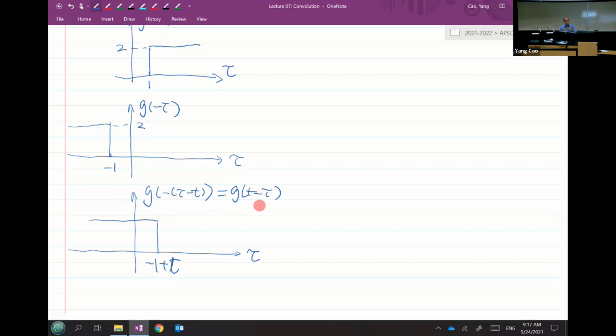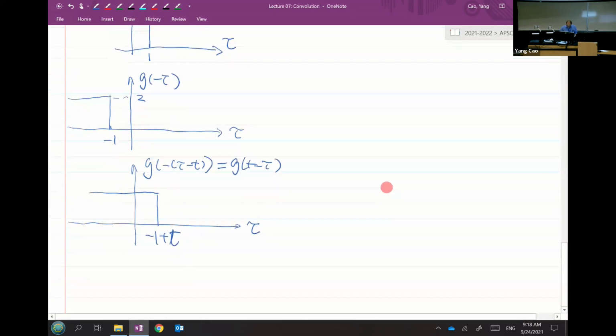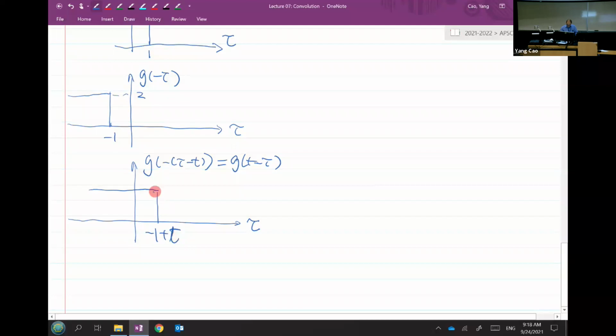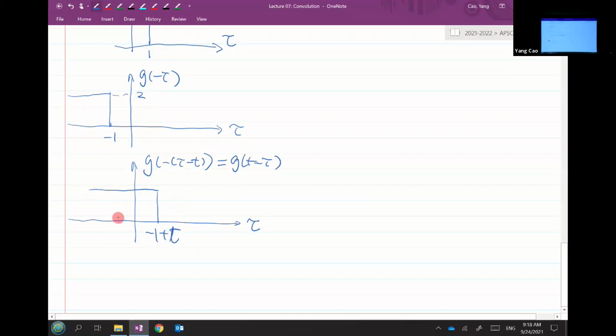So this step does require a little bit of customization to what exactly the t is. Of course, you might argue, why do you draw this graph over here? If your t is, let's say 0.5, then -1 plus 0.5, your drawing is actually here, which absolutely makes sense.